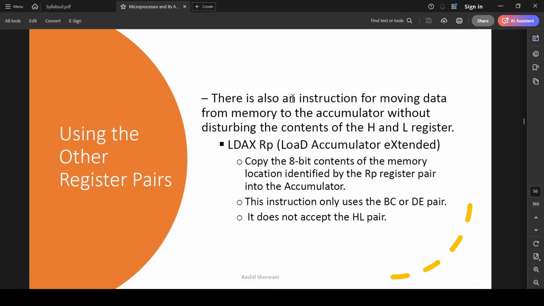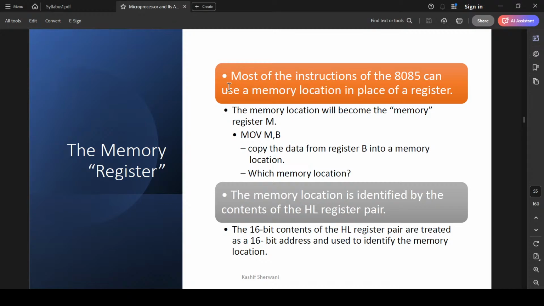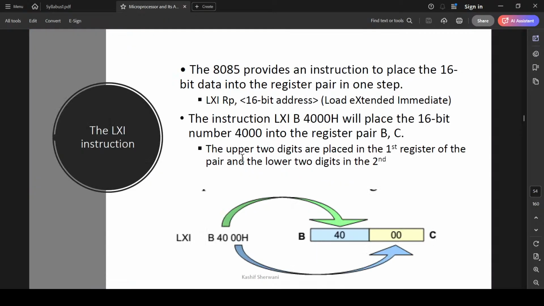There is also an instruction for moving data from memory to the accumulator without disturbing the contents of H and L. Okay. What was happening till now? From the B register to memory, and before this, from the memory to the register.